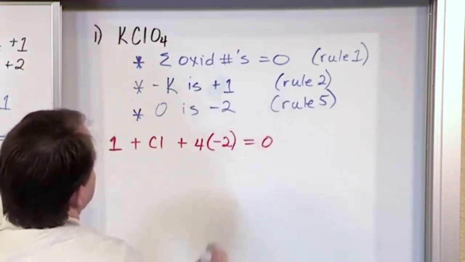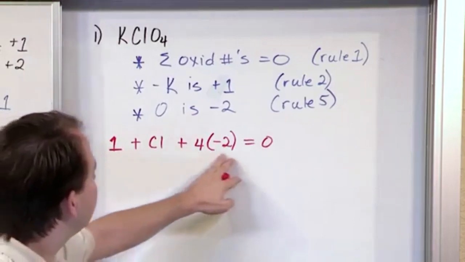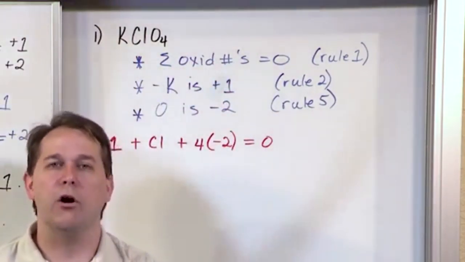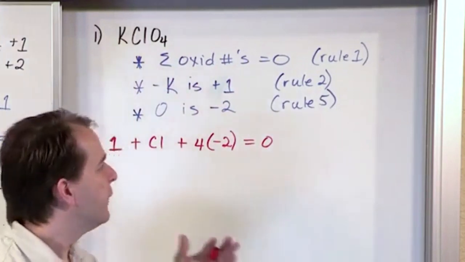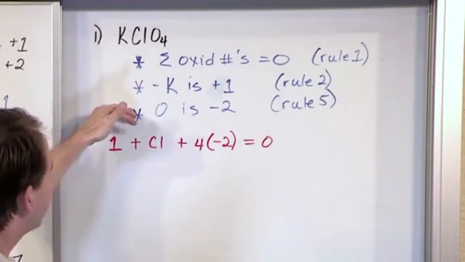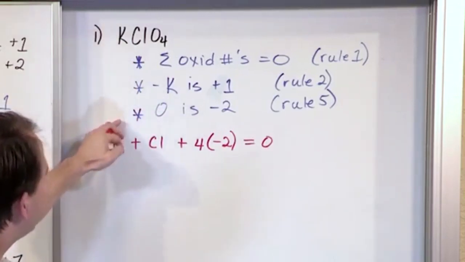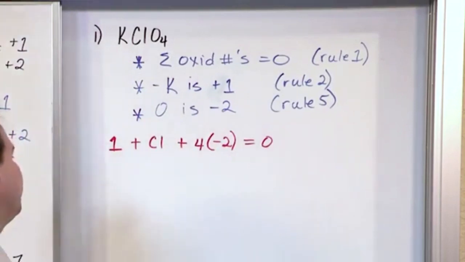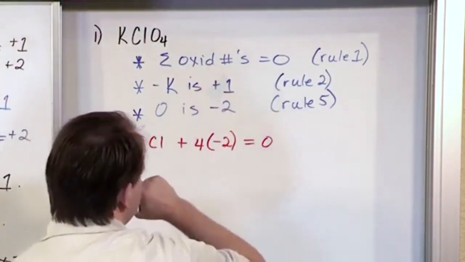And all this stuff has to be equal to 0. What I am doing here is applying rule number 1, which is the very first rule in all of these. But when I get down to this point, I can write a little tiny equation there, and I can figure out what chlorine is because the sum of these has to be equal to 0.